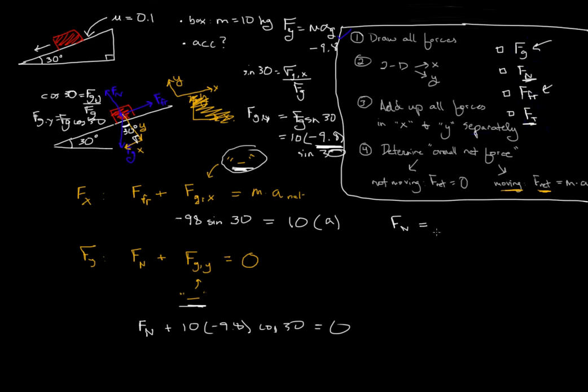So what is my normal force? If you plug all this into a calculator, you will get that your normal force is 84.9 newtons. Okay? And anytime you generate a value, think, does the sign make sense? Does it make sense that this is a positive number?